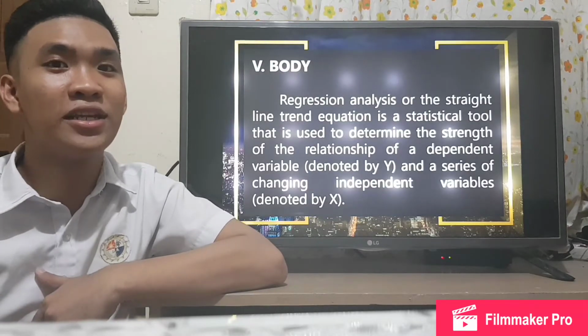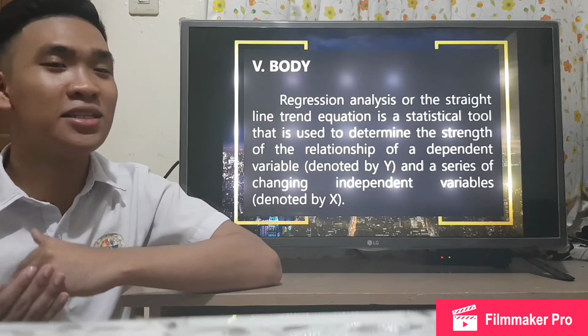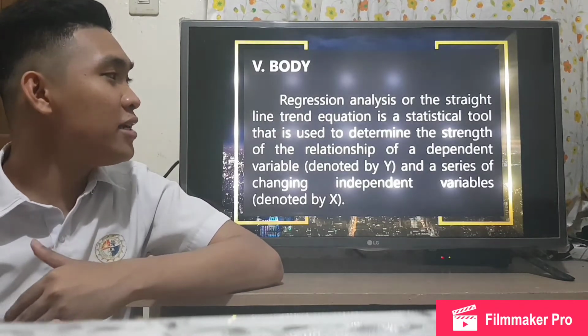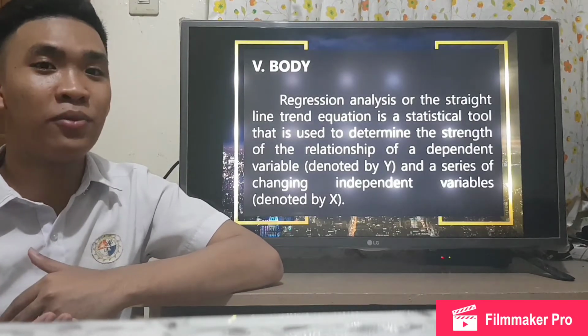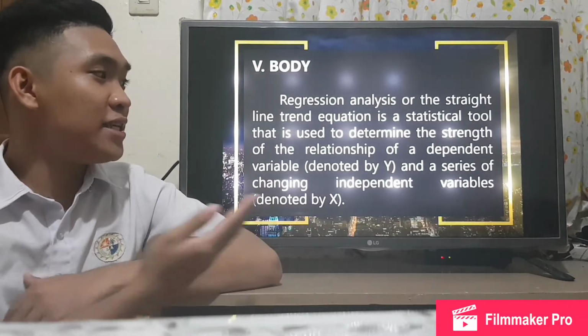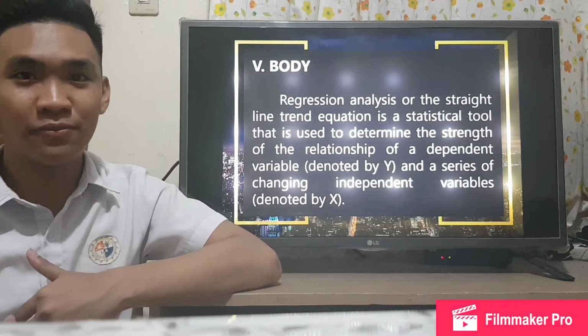So what is regression analysis? Regression analysis, or the straight line trend equation, is a statistical tool that is used to determine the strength of a relationship of a dependent variable denoted by y and a series of changing independent variables denoted by x.